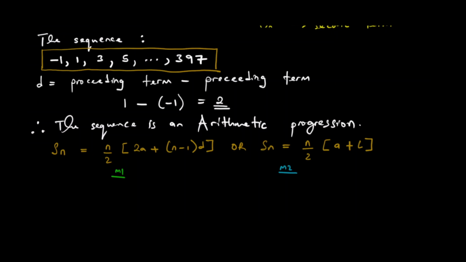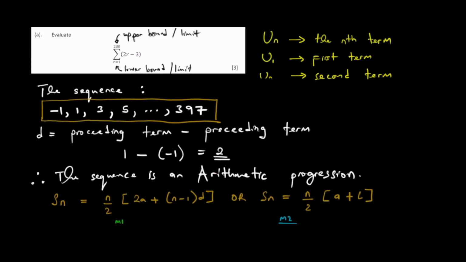Our first term is -1 and a common difference of 2. Now, we want to evaluate, because question yati evaluate this summation. Tikaona since it's a summation, zvoreva kuti tiri kunzi titsvage sum of n terms.